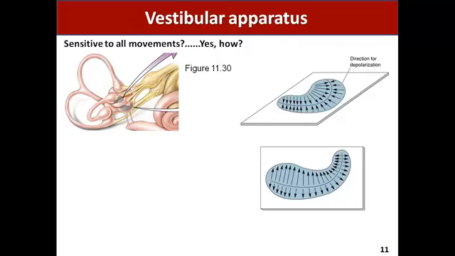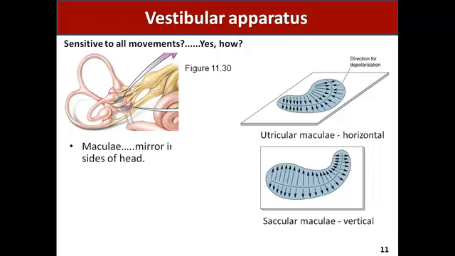So the otolith organs are sensitive to all movements, and that's because of the different orientations. We see the utricle oriented in a horizontal manner, and we see the saccule oriented in a vertical arrangement, making the ability of the otolith organs to sense linear accelerations possible, whether those accelerations are horizontal, vertical, or some combination thereof.